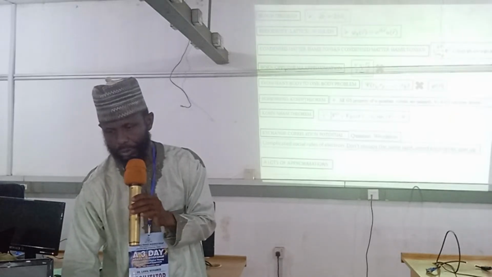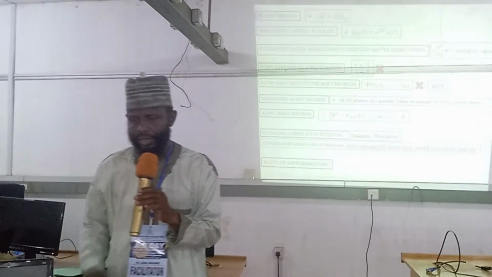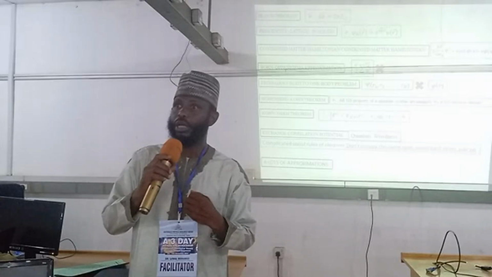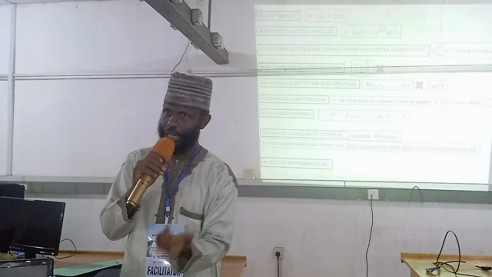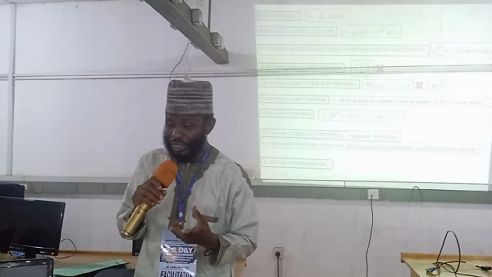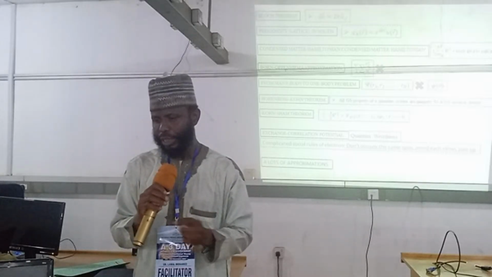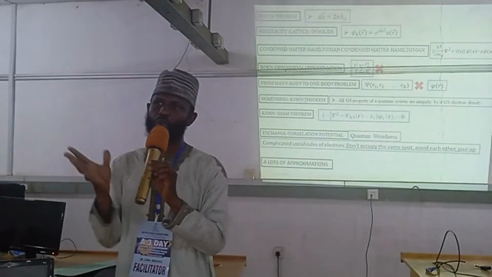Okay, so then Hohenberg and Kohn proposed a very clever assumption that all ground-state properties of the quantum system are uniquely defined by the ground-state electron density. So there is a one-to-one correspondence.